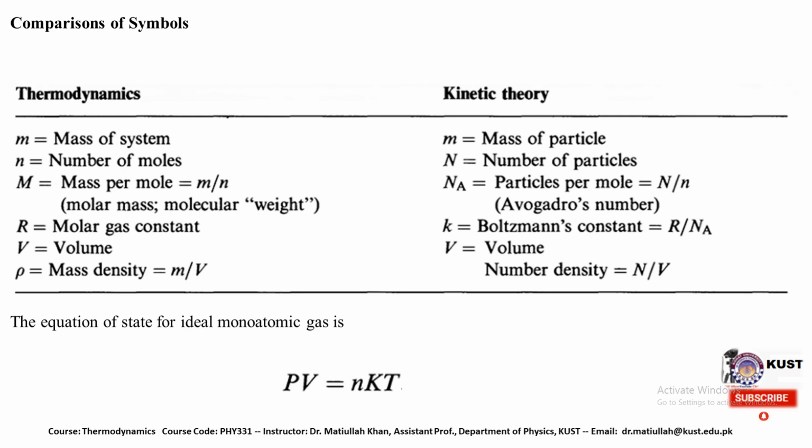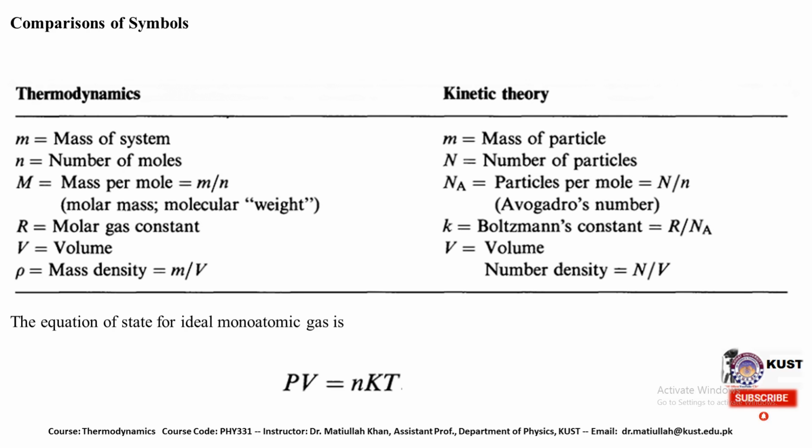In thermodynamics, we have the molar gas constant, represented by capital R. In kinetic theory, we have another constant, the Boltzmann constant, which is equal to capital R divided by N_A. The volume, both in thermodynamics and kinetic theory, is represented by capital V, and is the same in both cases.